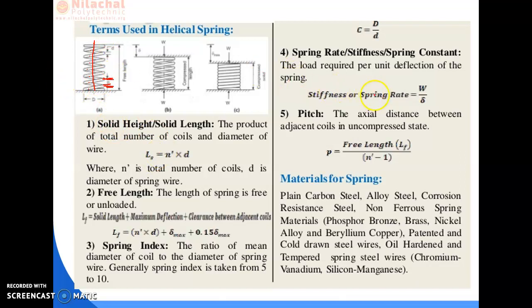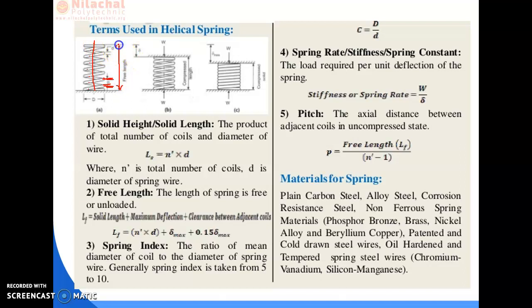Now spring rate will be calculated. How do we calculate spring rate? So we have to find out that there is a load W applied upon the spring. We have seen that this is the free length, the original length.